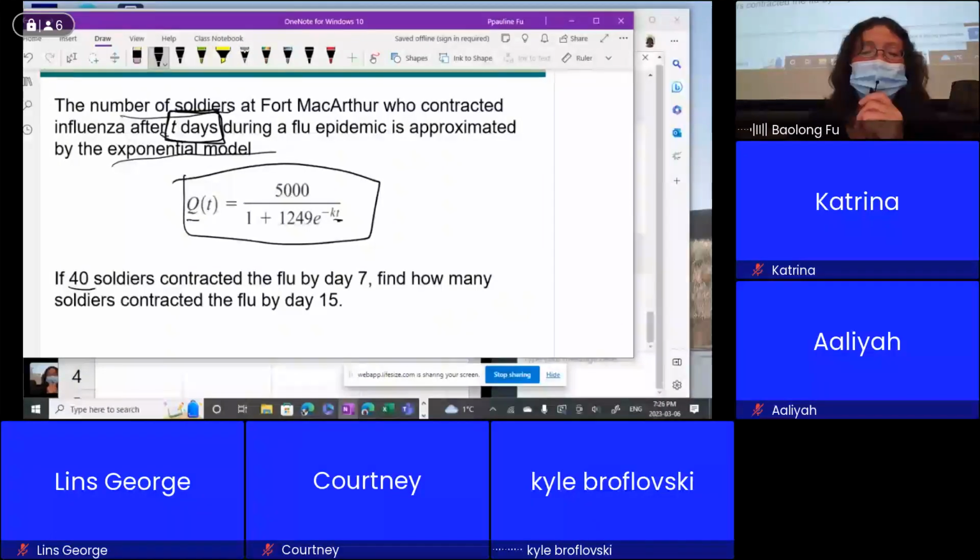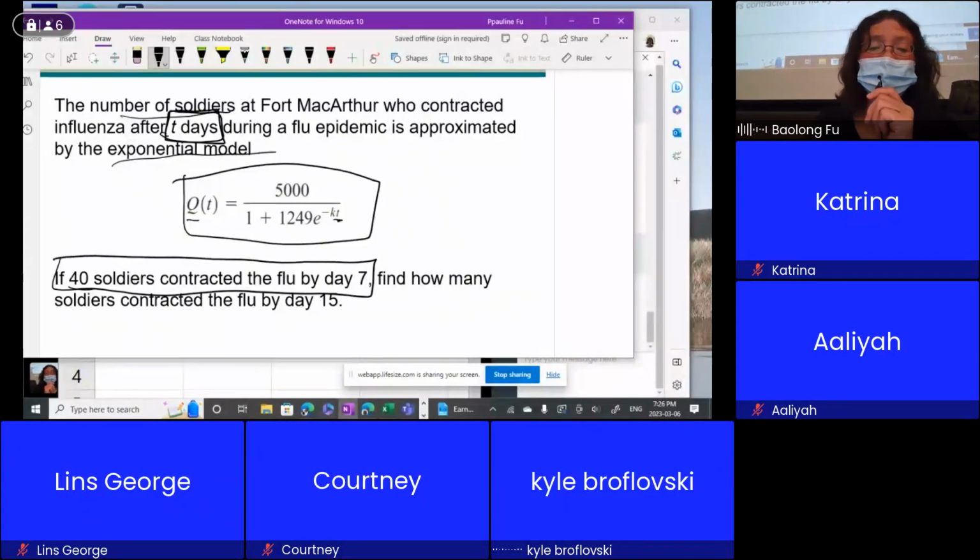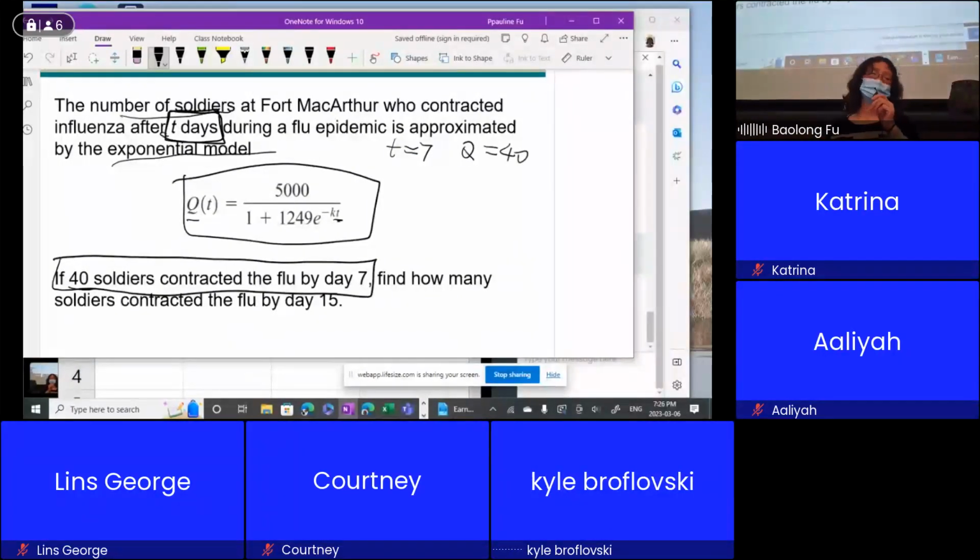Okay, how do we solve this question? If 40 soldiers contracted flu by day 7, this statement implies when T equals 7, Q equals 40. That is the meaning of this statement.